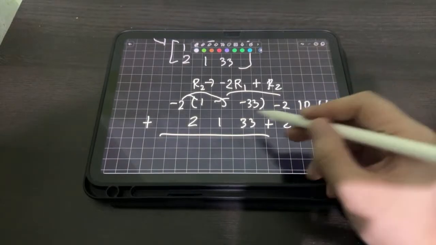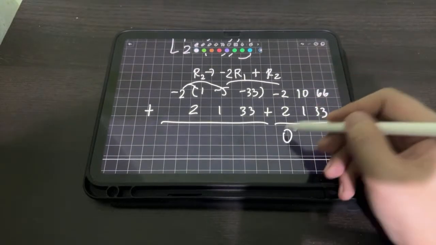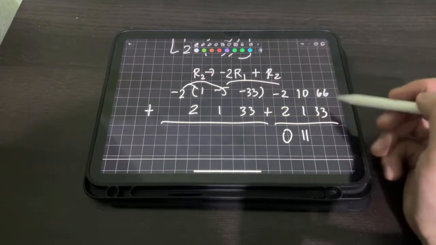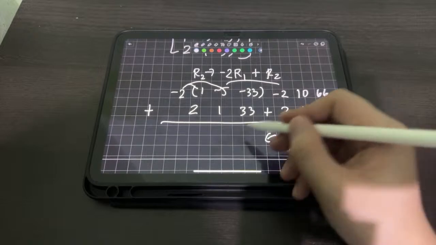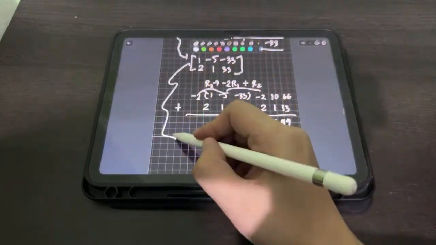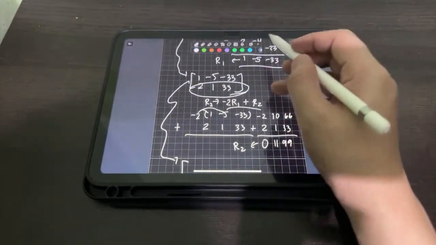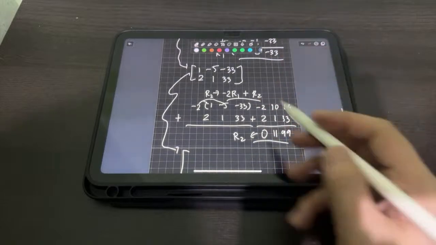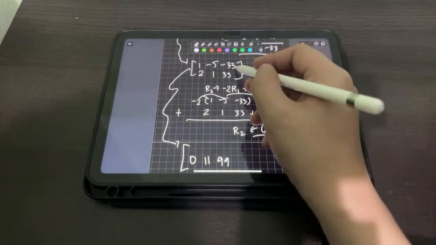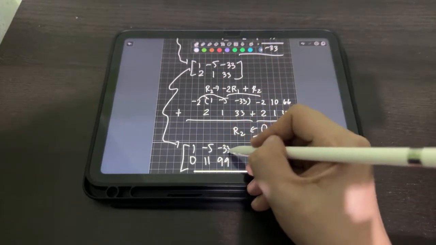Add with 2, 1, 33. So negative 2 plus 2, 0. 10 plus 1, 11. 66 plus 33, 99. So this will be the new entries in R2. Therefore, the new entries in R2 are 0, 11, 99. Then copy the entries in R1, 1, negative 5, negative 33.